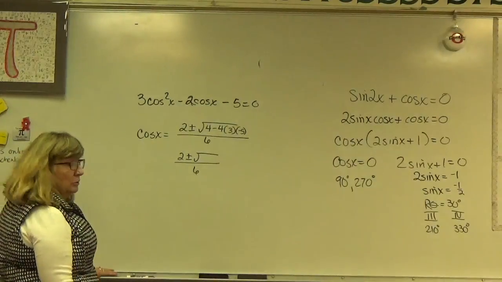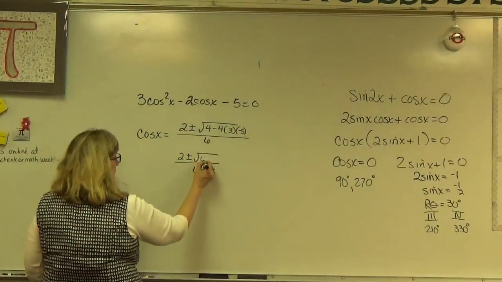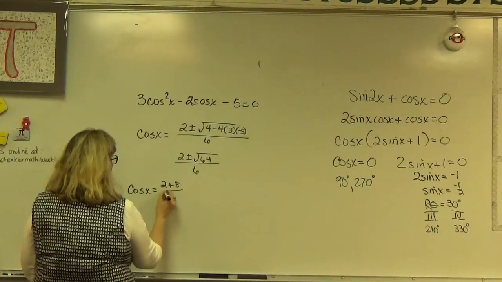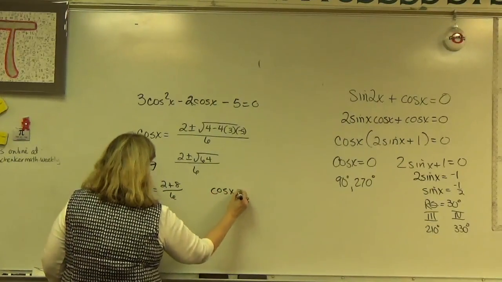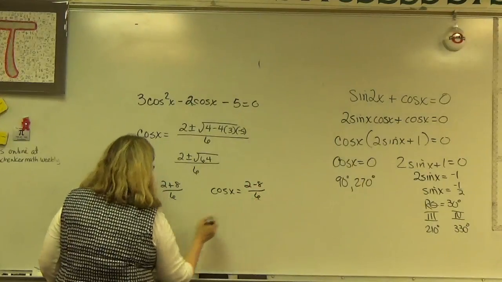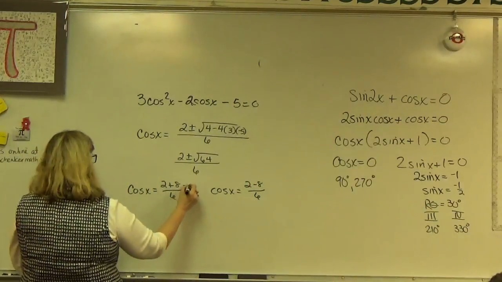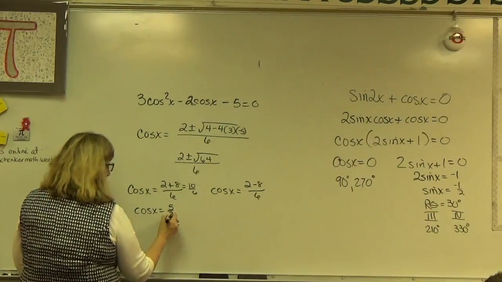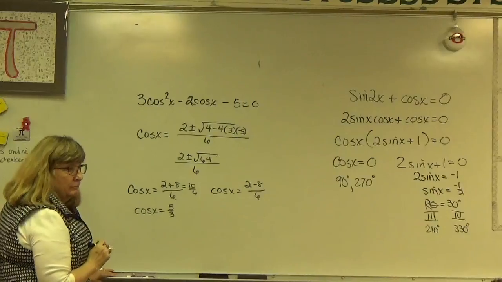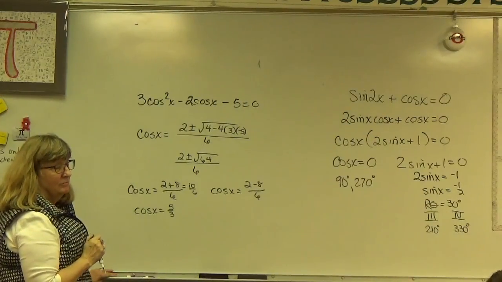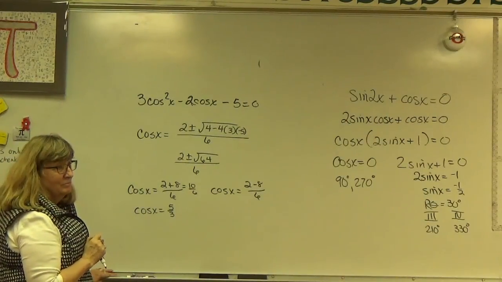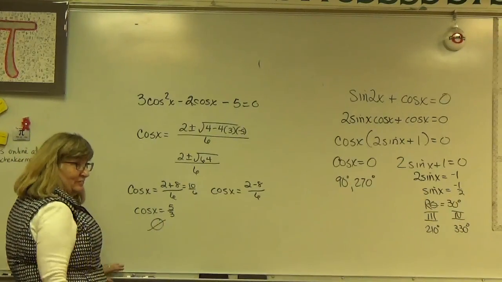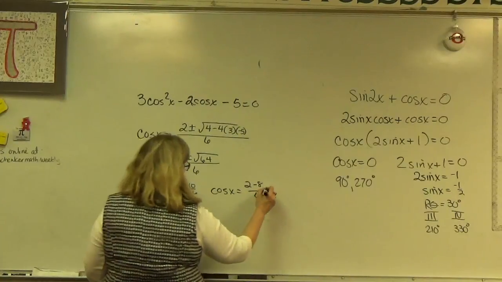Oh, 64. So cosine is going to equal 2 plus 8 over 6. So what is that? 10/6, which is 5/3? It's greater than 1. I was waiting for somebody to say, so no solution? Yeah. Okay, next one.